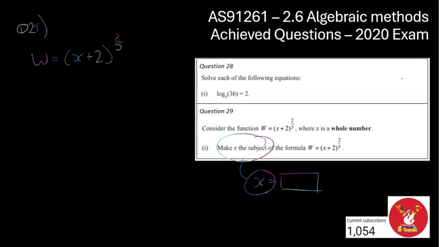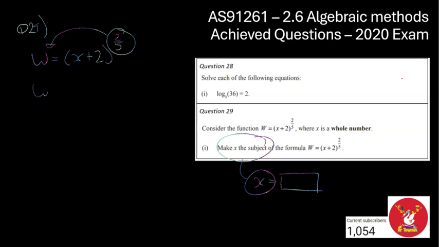So the first step here is a bit of a math trick. I'm not sure if your teacher ran you through all of these. What I'm going to do is move this power over to the other side. When I move it over, I've got to do the opposite, and the opposite of the power of 2 over 5 is the power of 5 over 2.